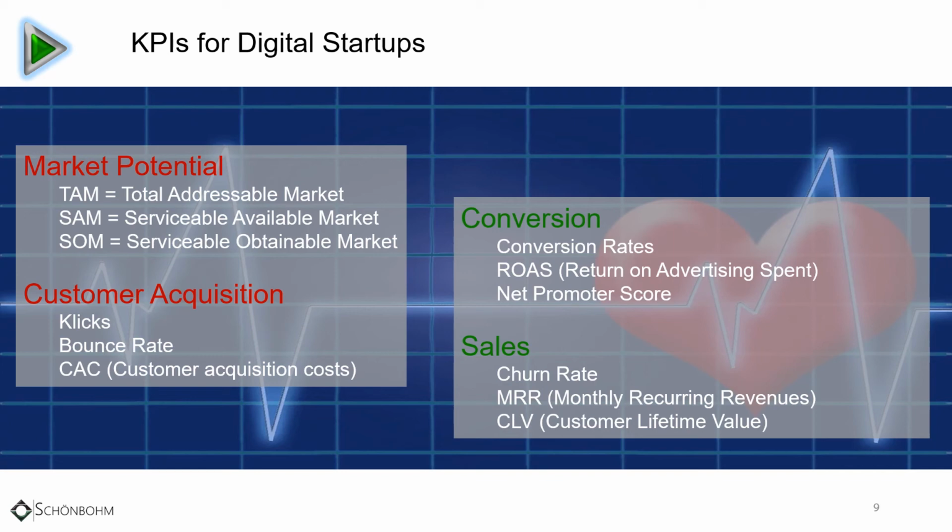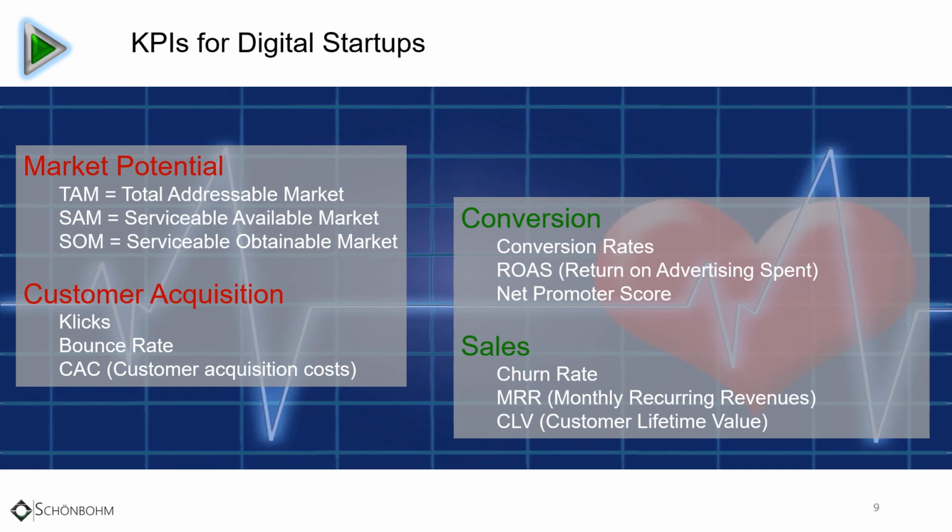Beyond market potential and customer acquisition, we have to look at conversion rates, which is kind of a way of dealing with the efficiency and effectiveness of what we're doing. The conversion rates we talked about, conversion rates from leads to sales, from already started customer journeys to a real deal.